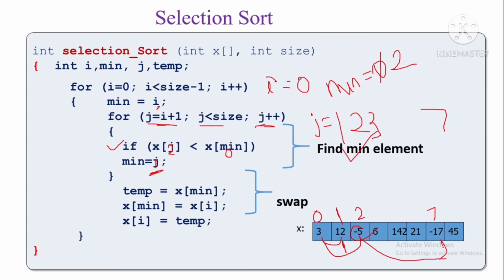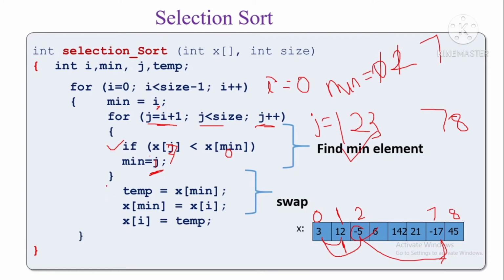Now minus 17 is minimal, so this condition will become true: x of j is less than the existing minimal value. Now I have to change my minimal position to 7. Then again I will increment the value by 1, to 8. Since 45 is greater than minus 17, I will leave it.